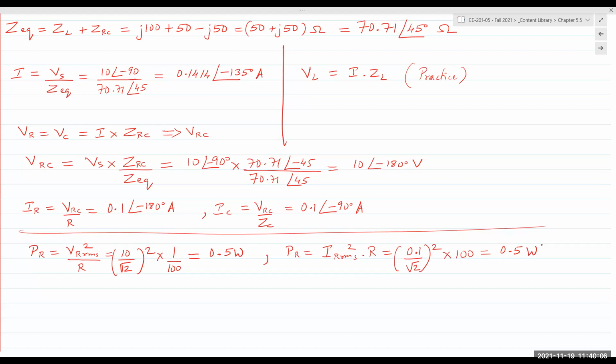No, that 0.1414, that is the total current I. This is just the resistor current IR.